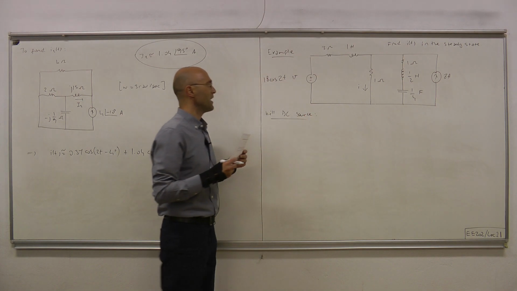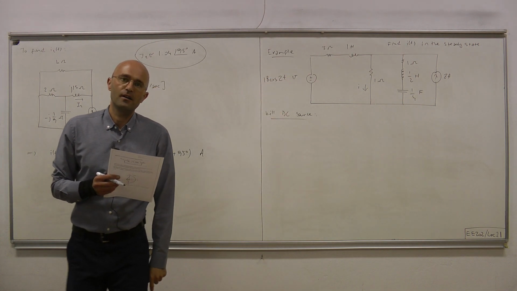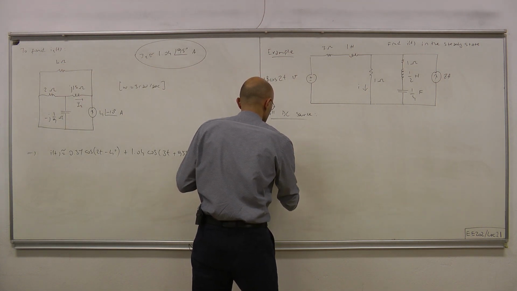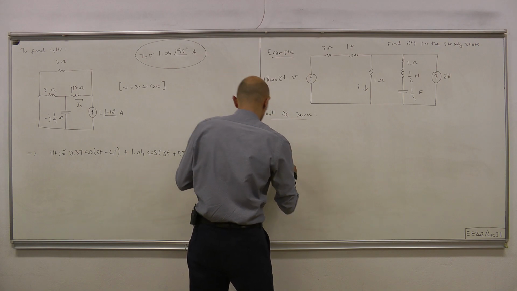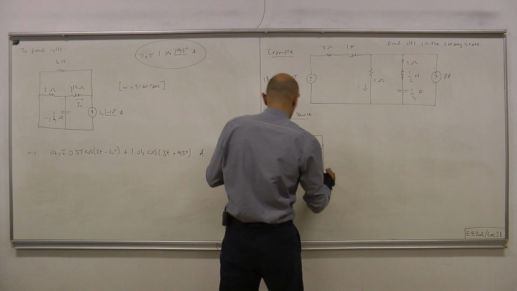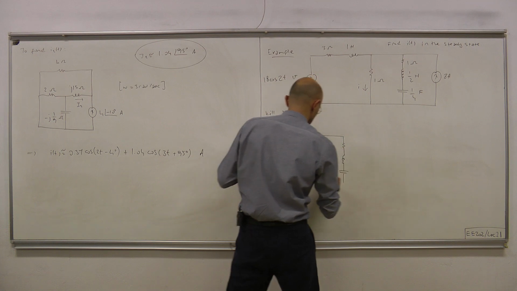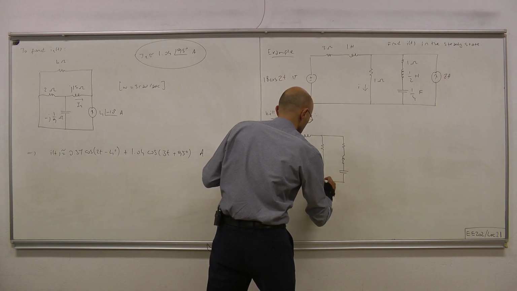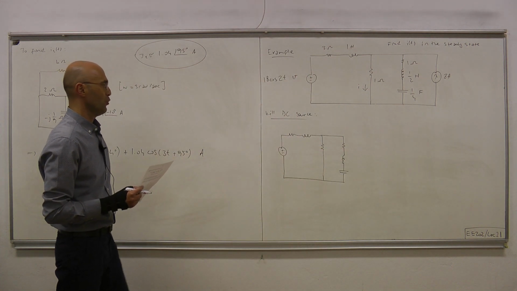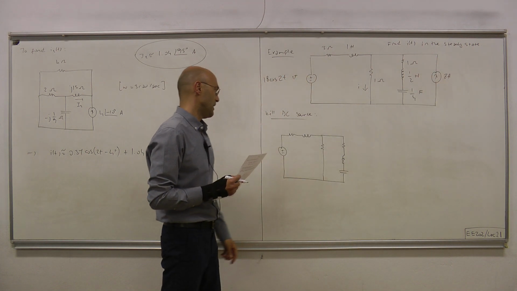By doing that, we will be able to figure out the component of the current due to the sinusoidal input. Now, if we kill the DC source, this is what we have. Okay, this is the circuit. This is a current source, therefore killing it means replacing it with an open circuit. And once that's replaced by an open circuit, this is the topology that remains.